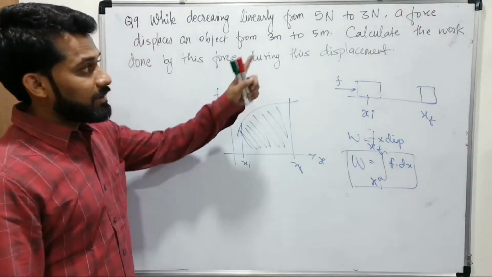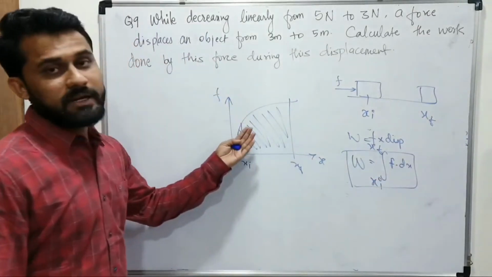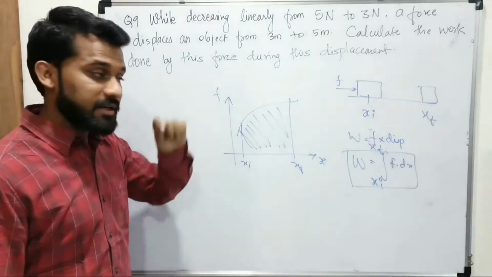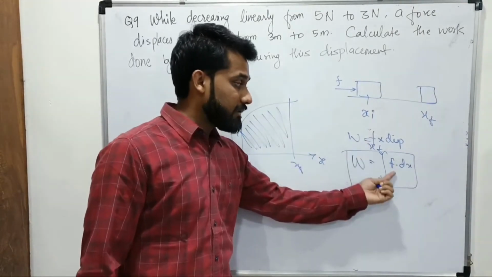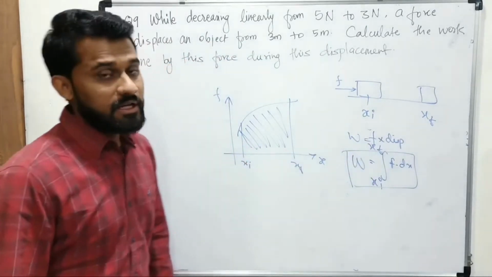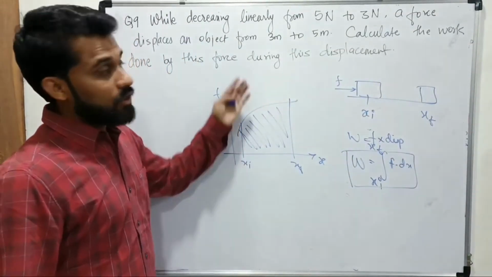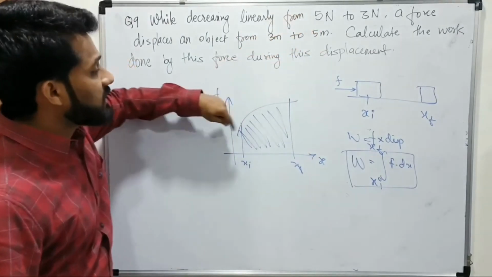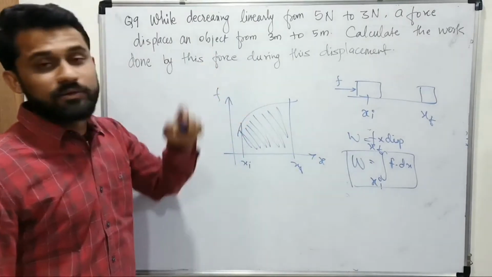So calculation of work can either be done by integration, or by geometry, by calculating the area under the curve. Which method to prefer? It depends on the question. If the equation of the force is given, you can integrate it straight away. But if the equation of the curve is not given, whereas the diagram or some quantities are given through which you can plot the graph, in that case I can use the graph to calculate the work.